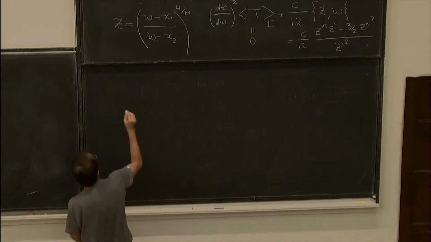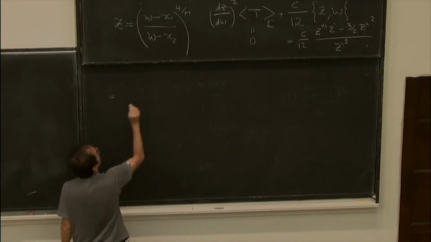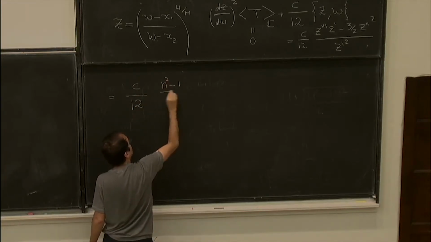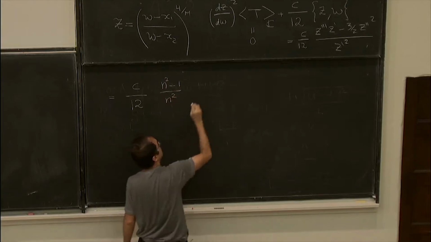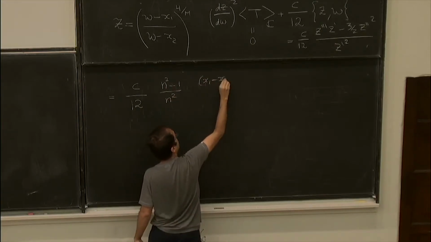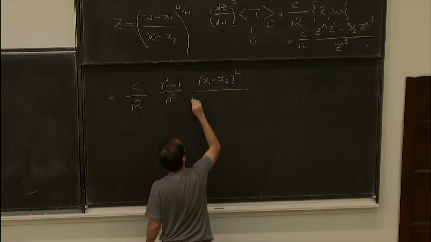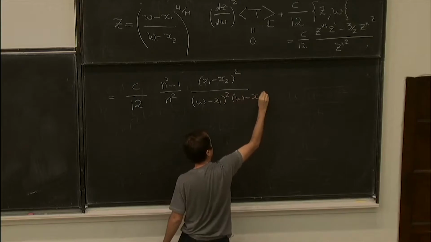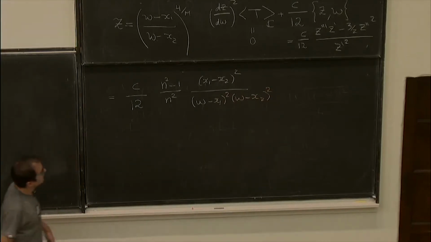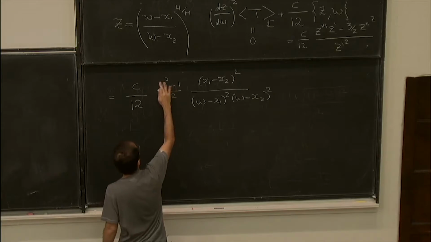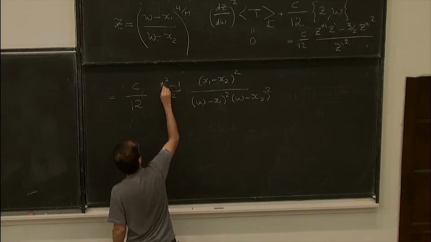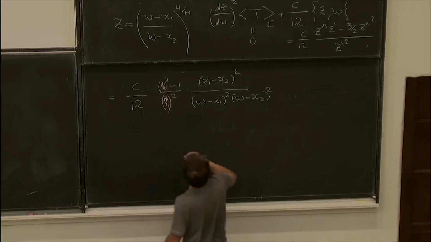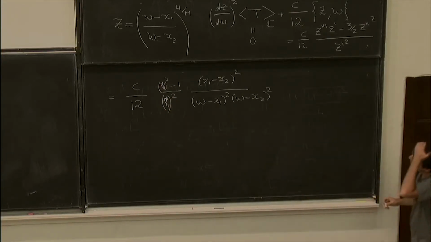So the result would be C over 12 times (n squared minus 1) over n squared, times (x1 minus x2) squared, over the double poles at x1 and at x2.